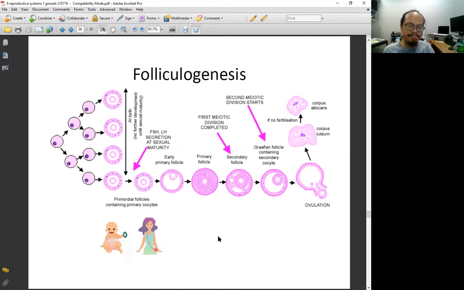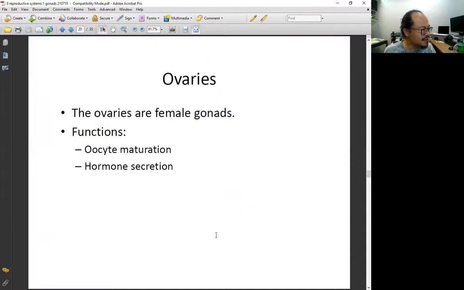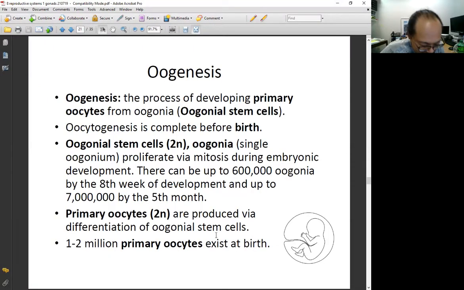So that's that. All right, so let's go back to this one here. So oocyte. One thing you need to know is that oogonia don't exist in the female. They only exist before birth.